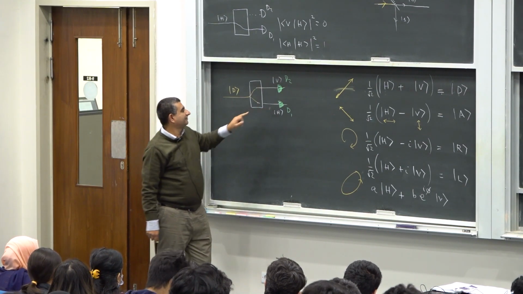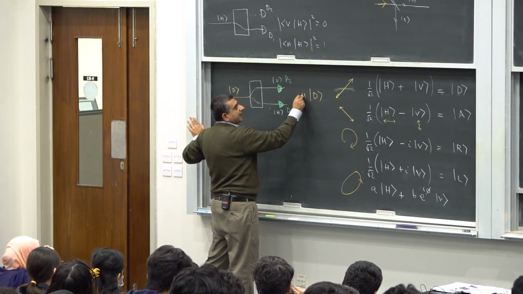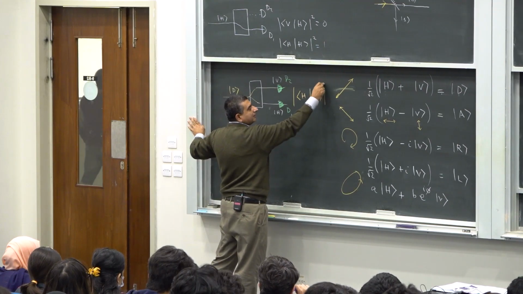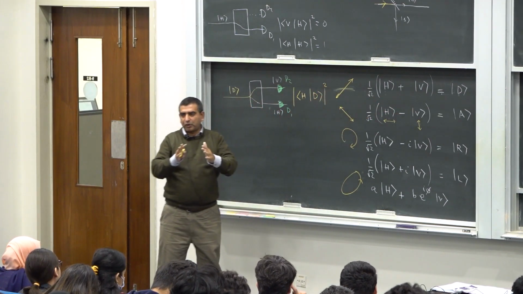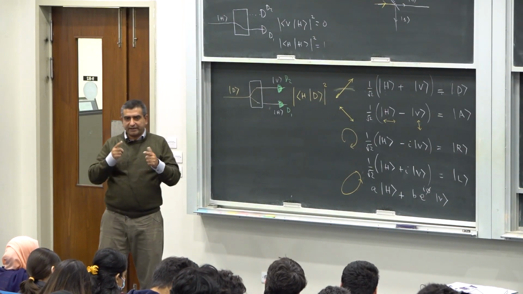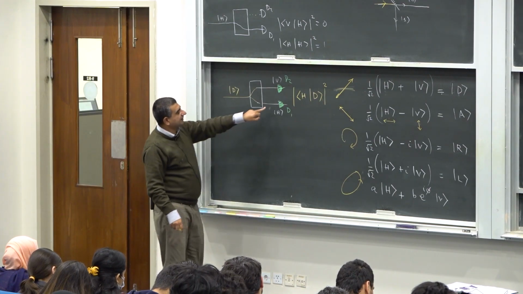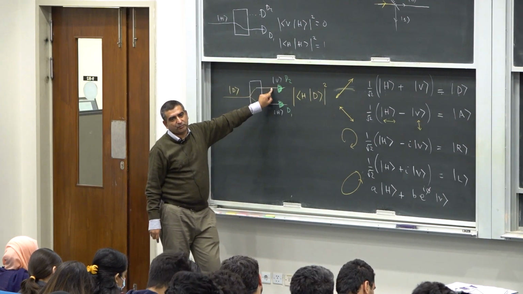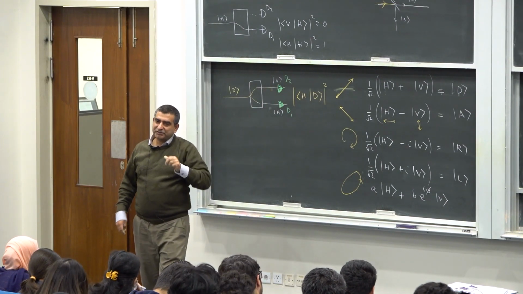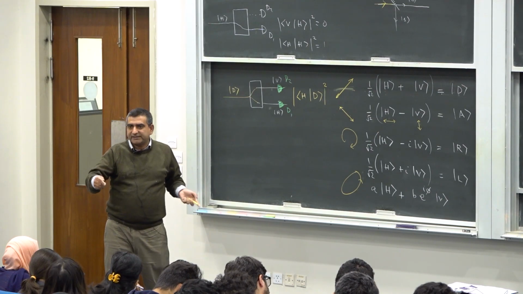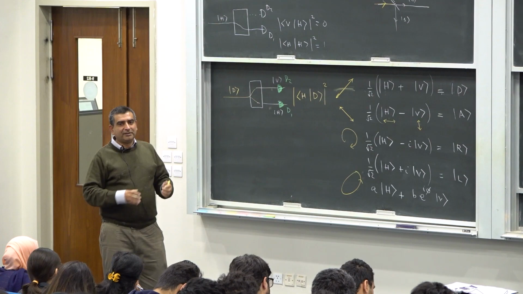It's ket D overlap with ket H modulus square, and I take in this description of D, put it in, use the orthogonality relationship between the basis vectors, I'll get 1 over under root 2 modulus square, which is 1/2. So the probability that this clicks is 1/2, and the probability here is also 1/2. And that's just one shot. Is it possible in a single shot to have two coincident clicks? No, because the photon cannot be split. It's a quantum.